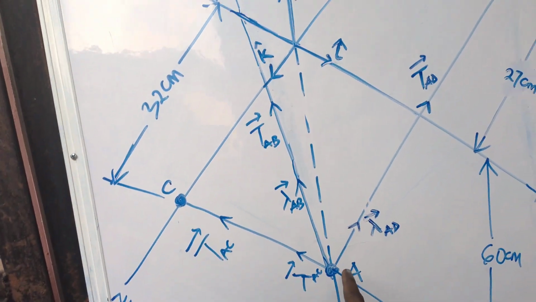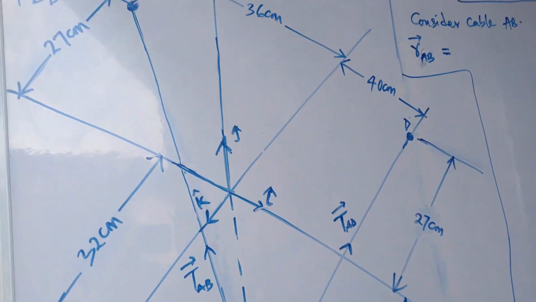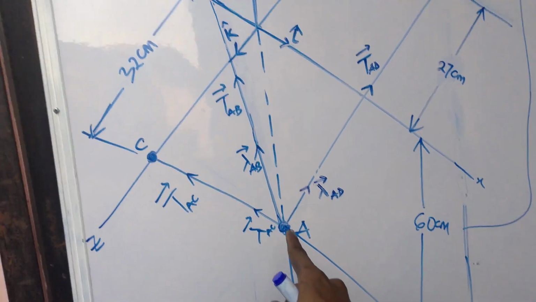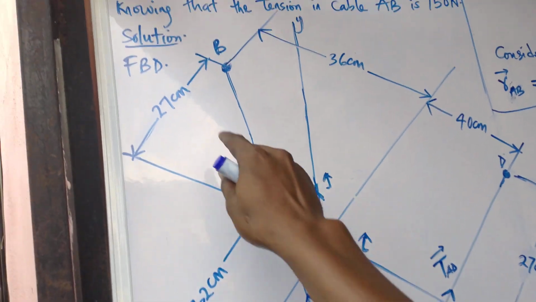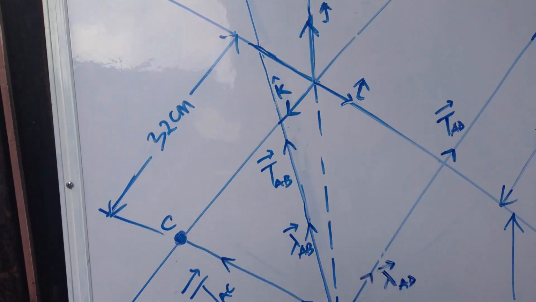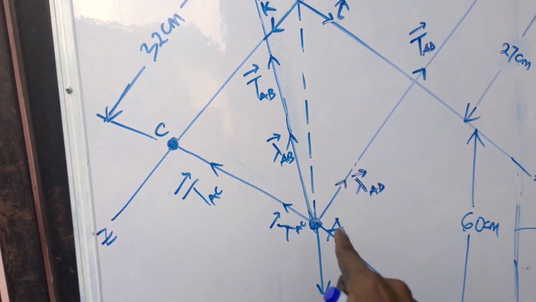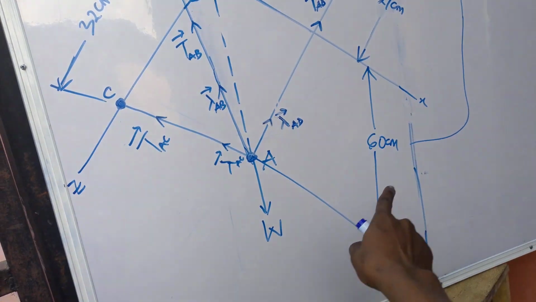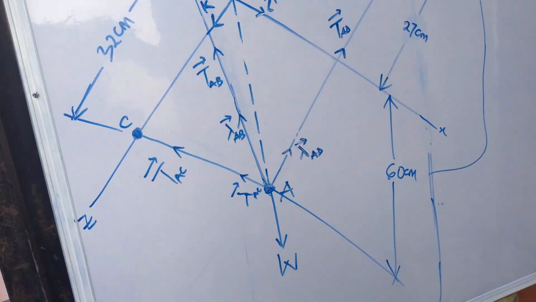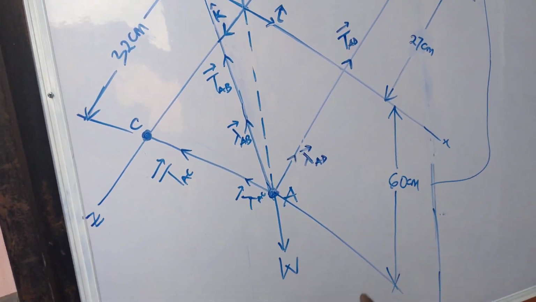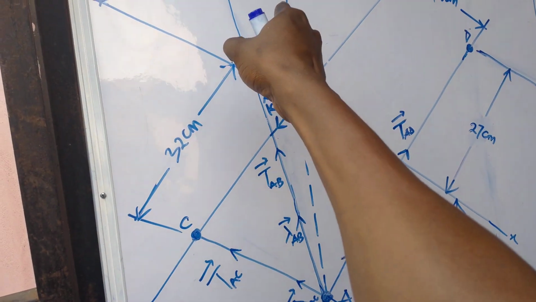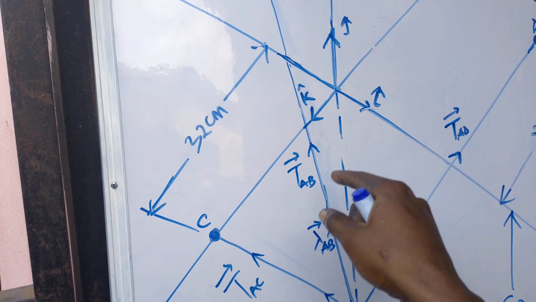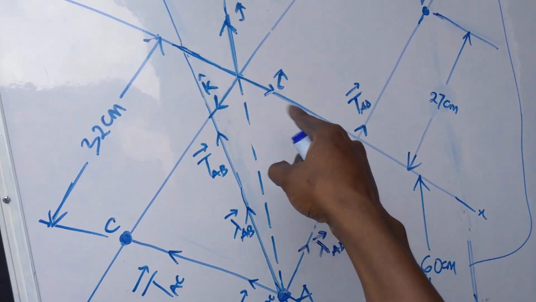Okay, this point is point A, and then this is point B. So I'll look for a way to move until I get to point B. If I move from point A going upwards, this is the distance. Going up like this is 60 J. Going up is positive J, coming like this is positive K, going like this is positive I.